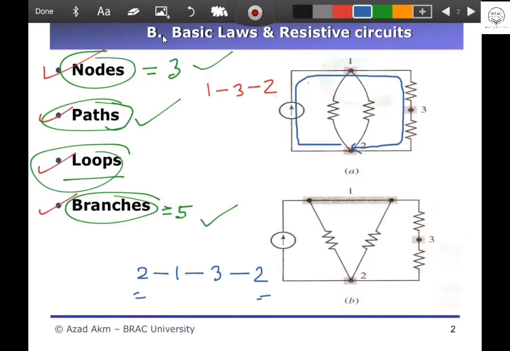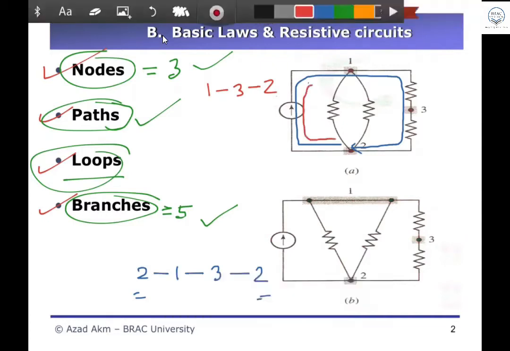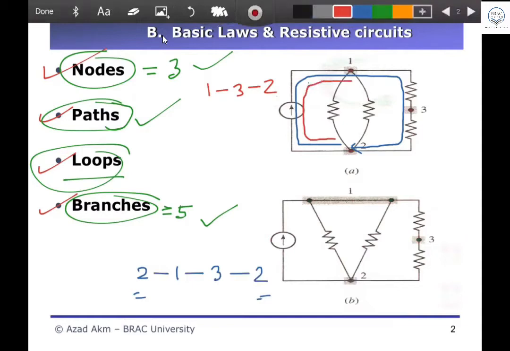But suppose the loop goes like this: starting from 2, go to 1 and come back to 2, go to 3 and come back to 2, meeting the starting point.